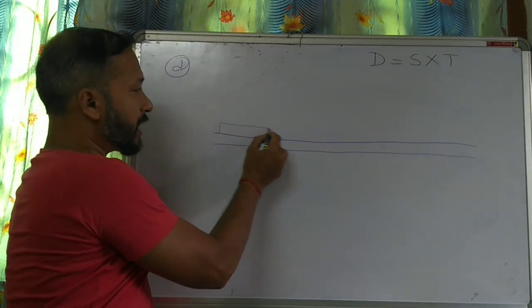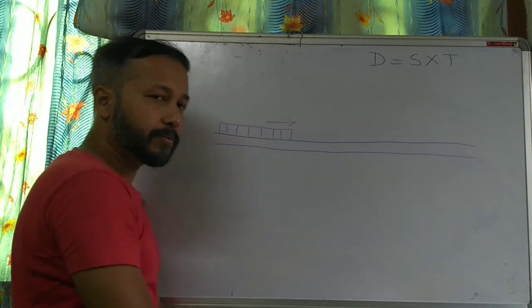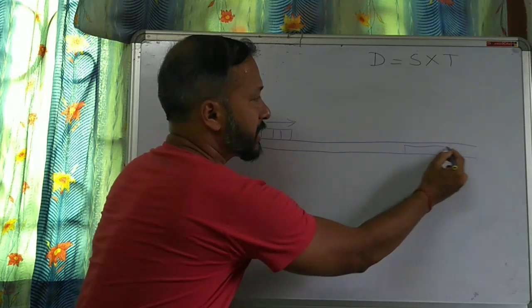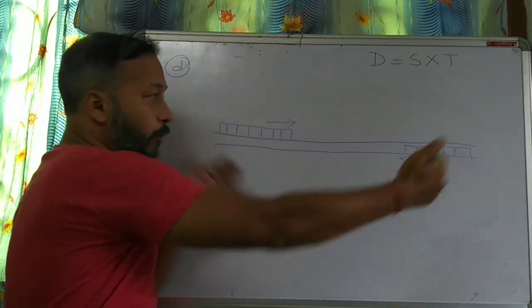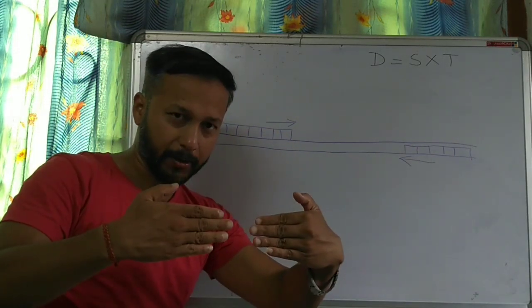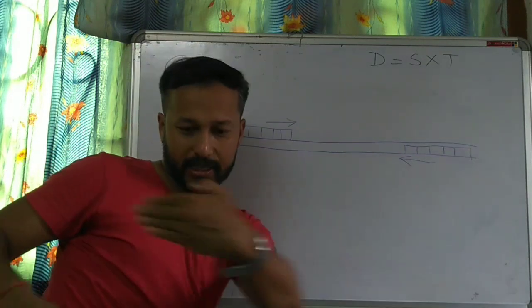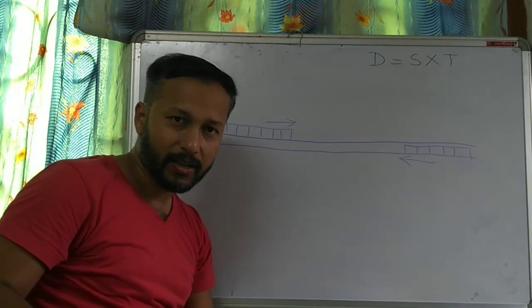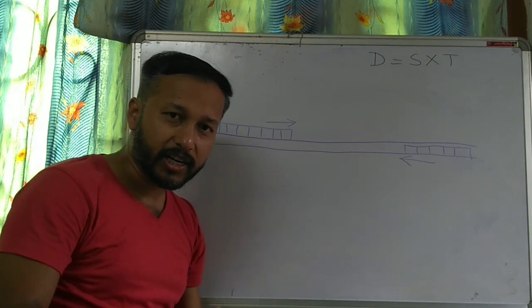From this railway track, one train is coming, going this direction. From here, another train is coming, going this direction. They are going opposite to each other, towards each other. In that case, what is the time required to cross each other?